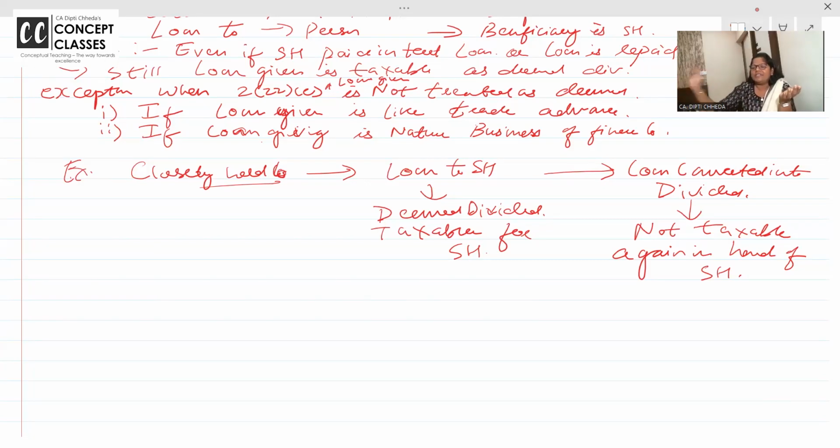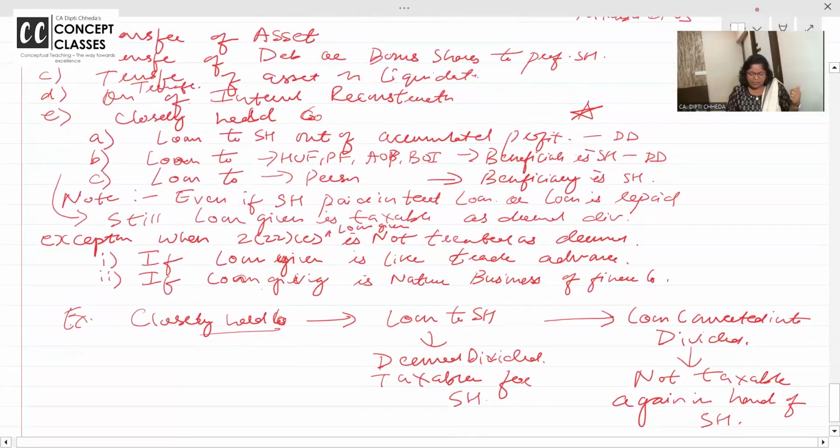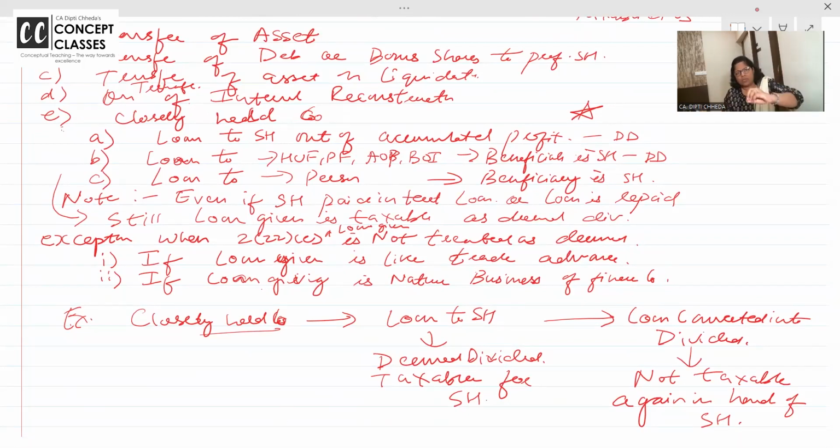Treat it as dividend as we are giving dividend to other shareholders. So again, when they converted the loan into dividend, will this same amount again be taxable as dividend? No, because it's already taxable as deemed dividend. Is this part clear to all of you? Chalo. Now fifth part, which is not clear. Closely held company, private company, I'm here, is giving loan to shareholders.